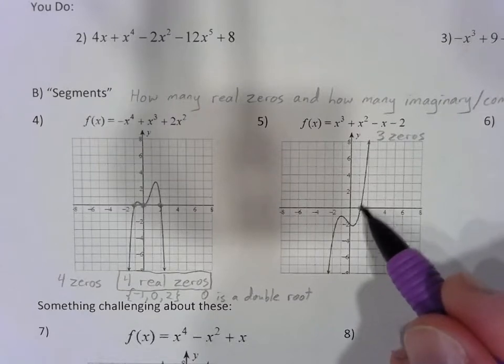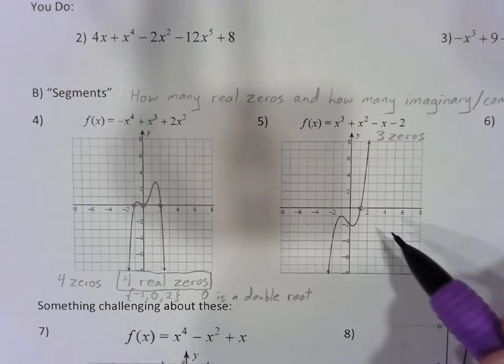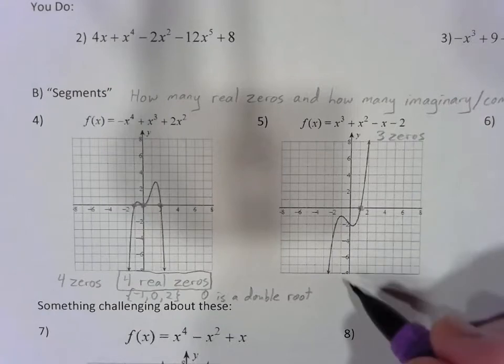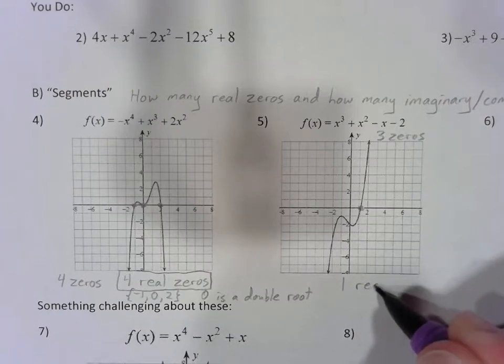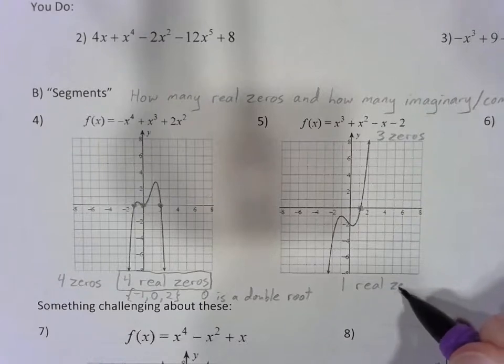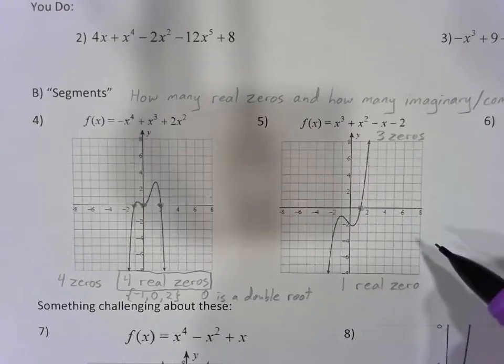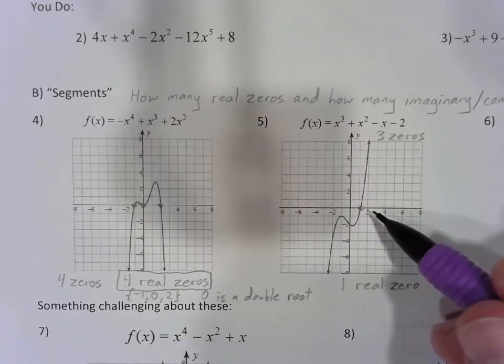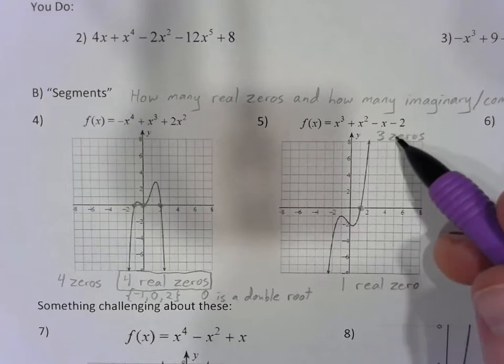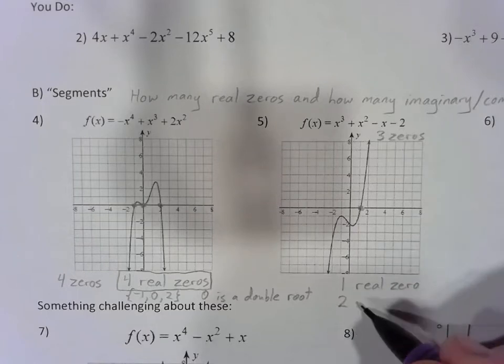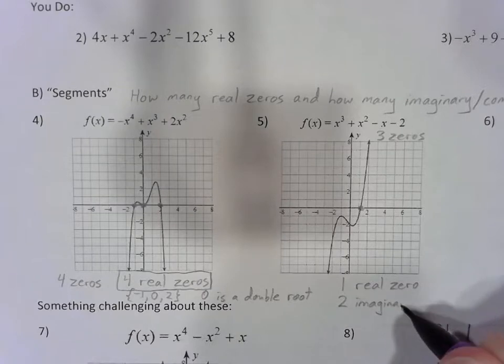It goes straight through that point, which means there is one real zero. Well, if there's only one real zero, that means the other 2 zeros must be imaginary or complex. 2 imaginary zeros.